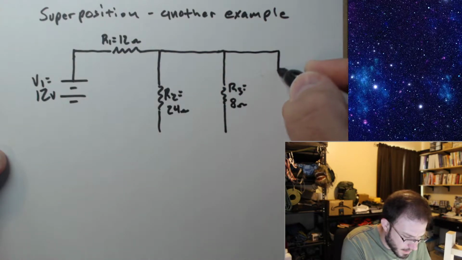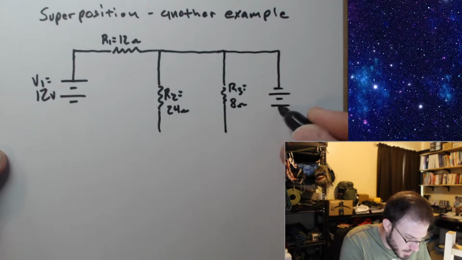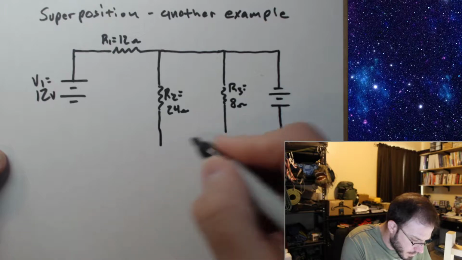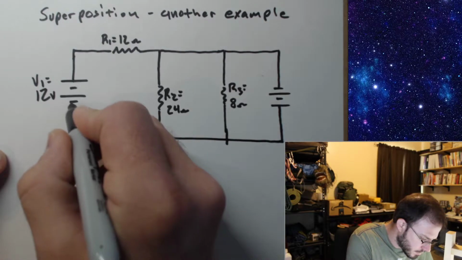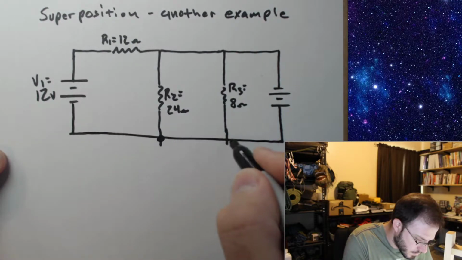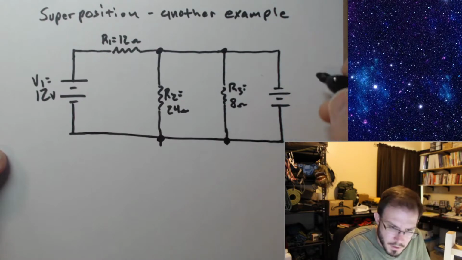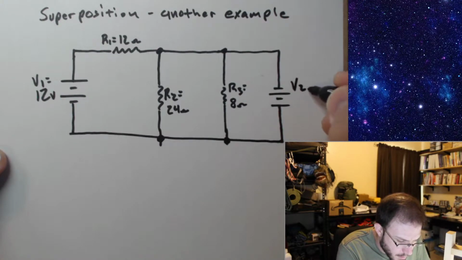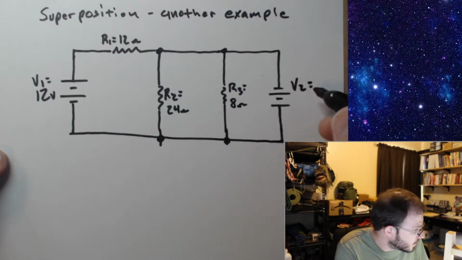And let's go ahead and put in one of these upside down voltage sources, and V2 is going to be equal to 8 volts.